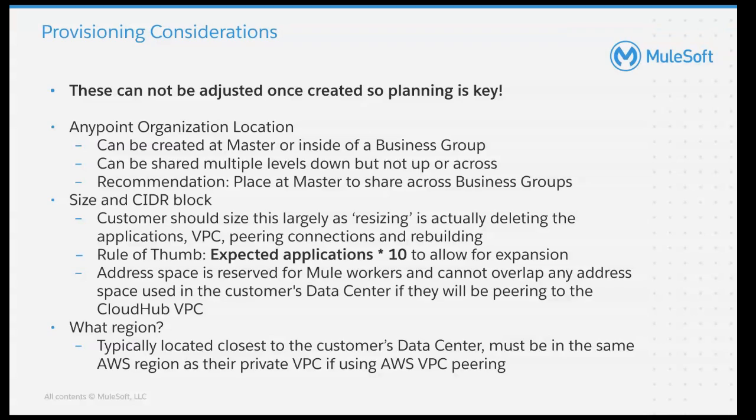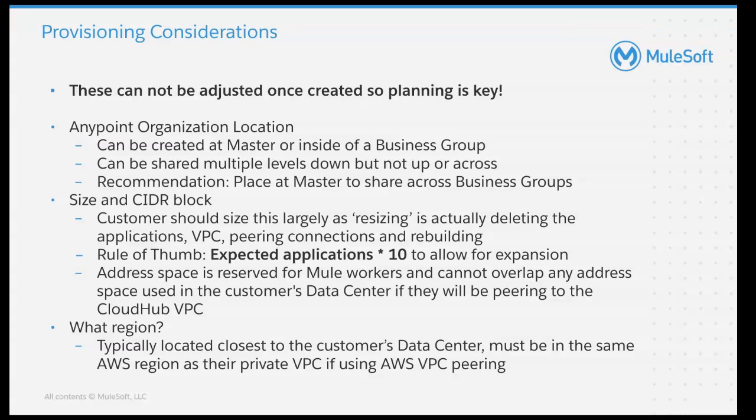And when you're sizing your VPC, think about the future, 2 to 3 years, on what kind of implementations are going to be done with MuleSoft, and size the VPC accordingly. This is because once you size the VPC, it's not easy to go back and change the size of that VPC.